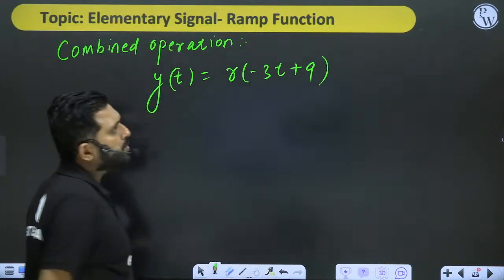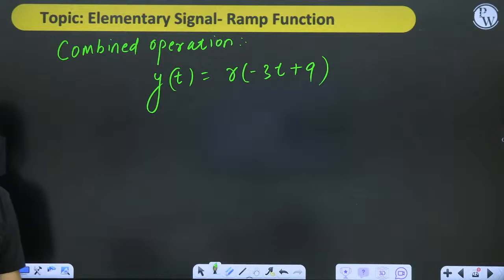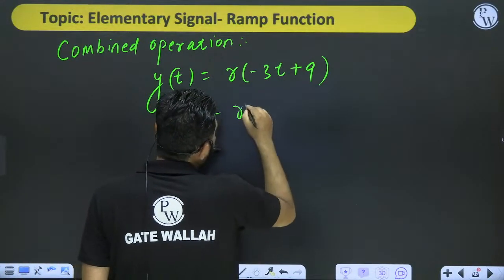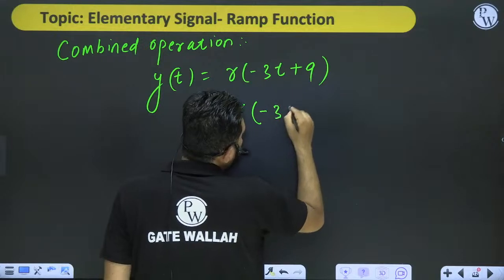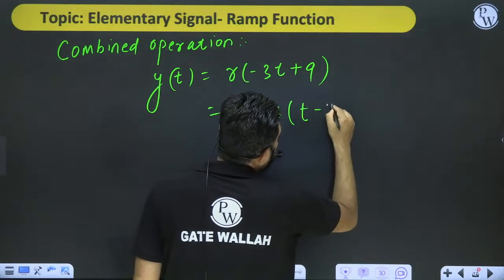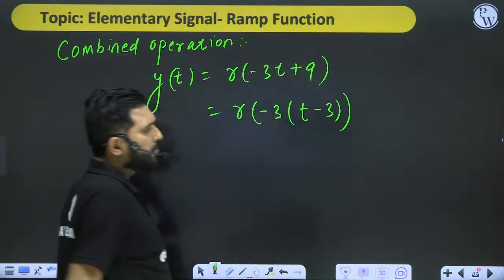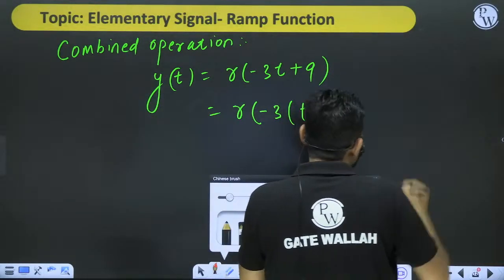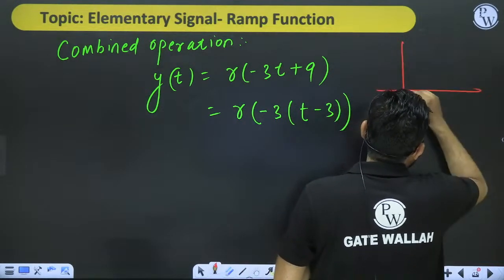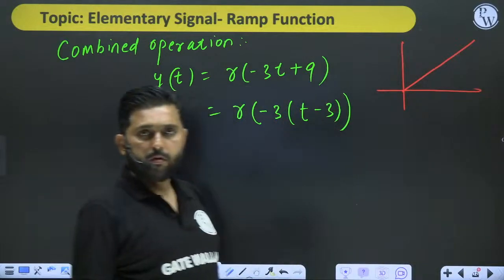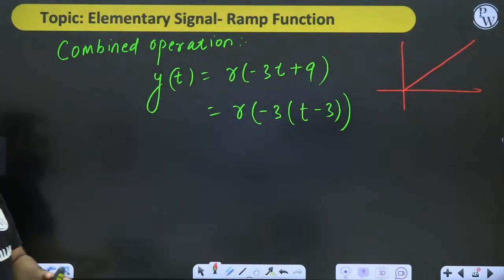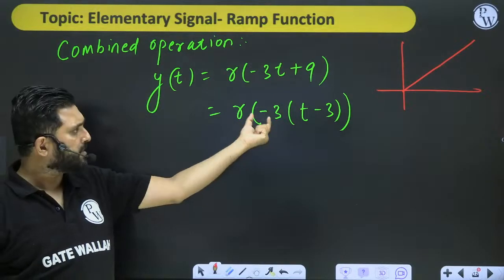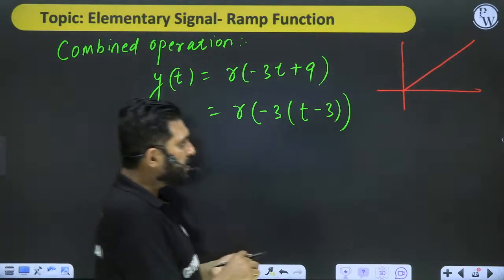Suppose someone asks you to plot this function, r of minus 3t plus 9. How will you plot it? Simply take minus 3 common, and this is r of minus 3 times t minus 3. Now start with a ramp. This is a ramp. The scaling factor is minus 3, so it will change the slope.